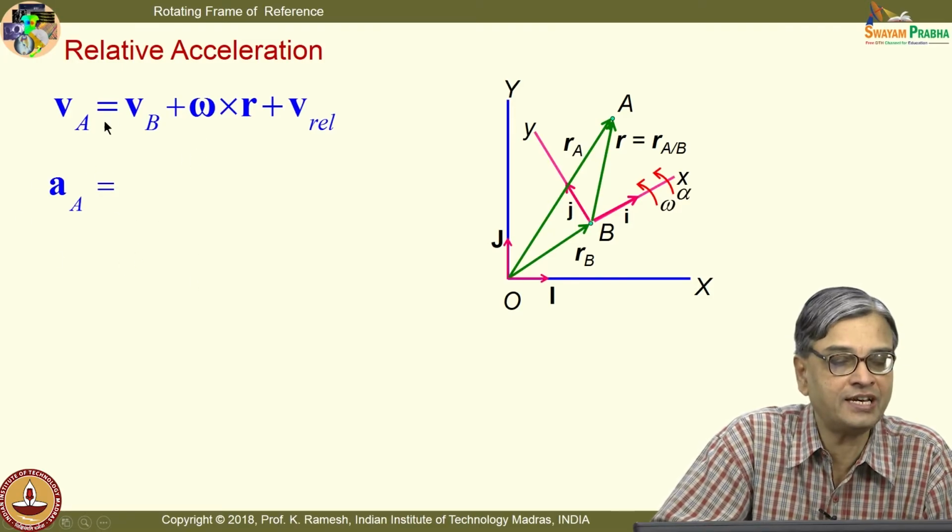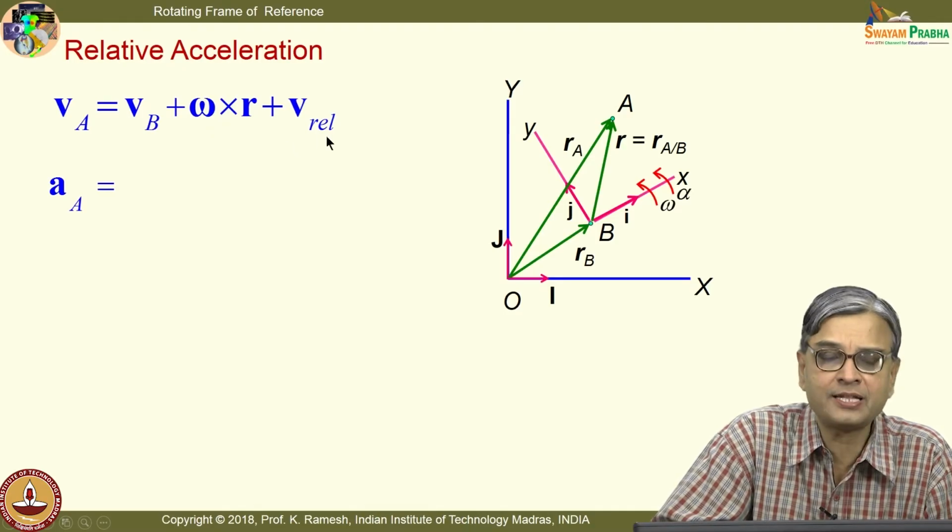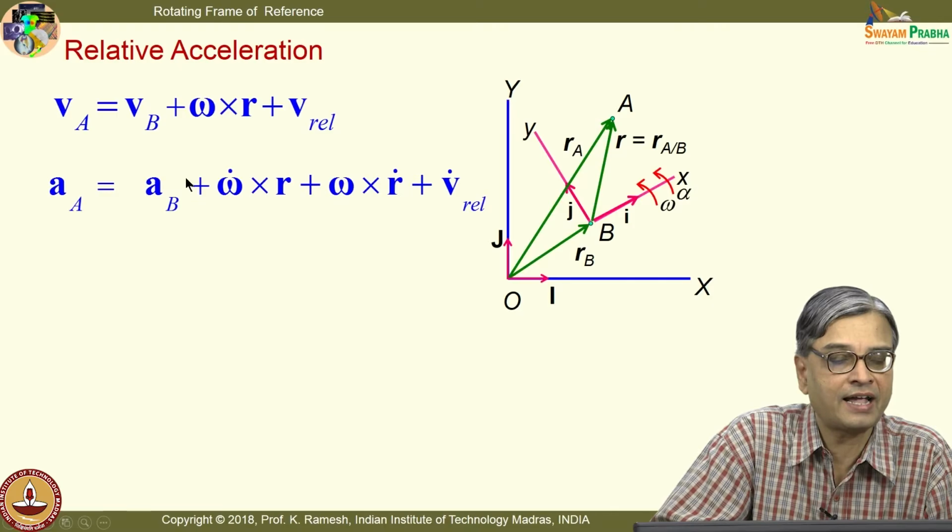So, when I differentiate this expression, apply the product rule properly. When I write it, I have AB, Vb is differentiated to get AB. When I differentiate this, I get omega dot cross r plus omega cross r dot plus V dot rel.